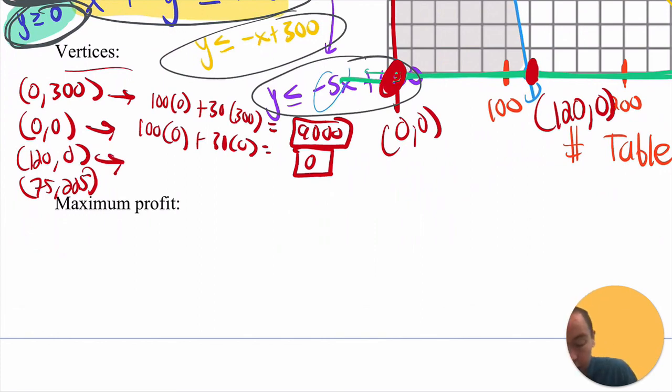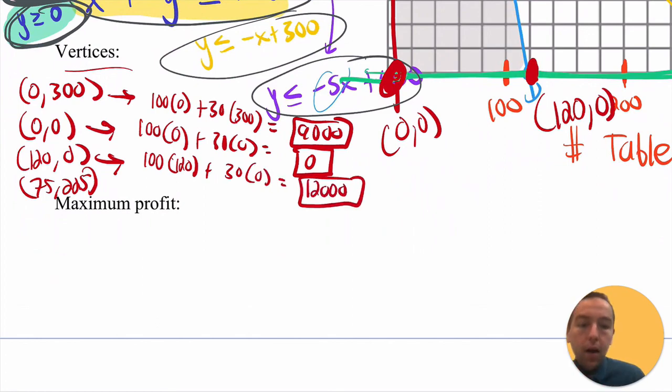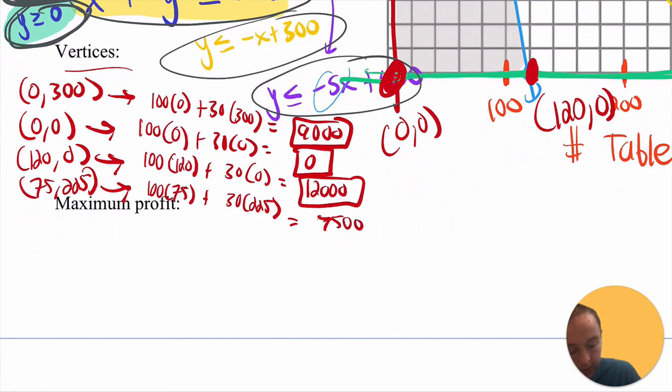And then if we do 120, so $100 for 120 tables plus $30 times 0, that's going to yield him $12,000 in profit. And then finally, if we have $100 for 75 tables plus 30 times 225, let's see. The first one's going to be 7,500.